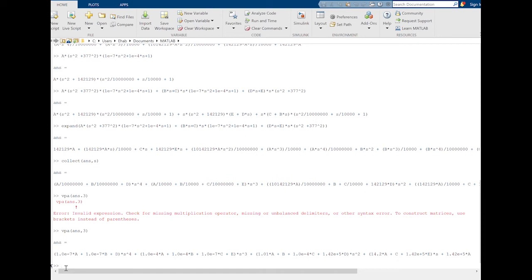So if I say, let's call it numerator, num equals collect, I guess I have to go back up here.